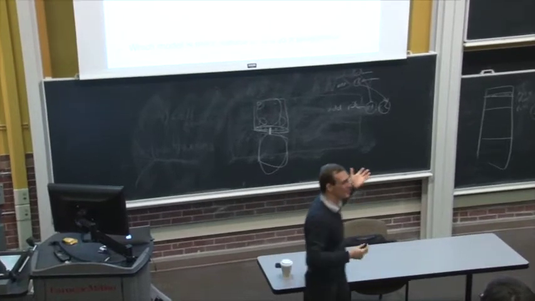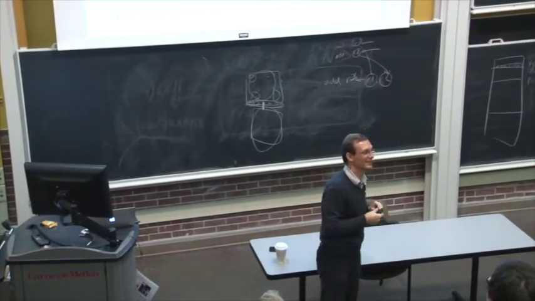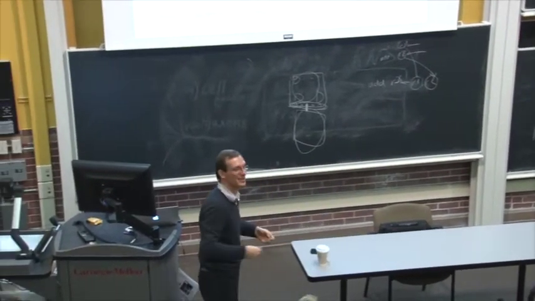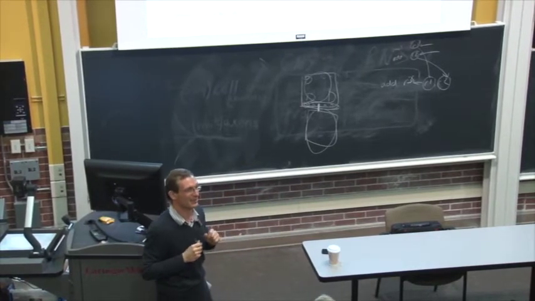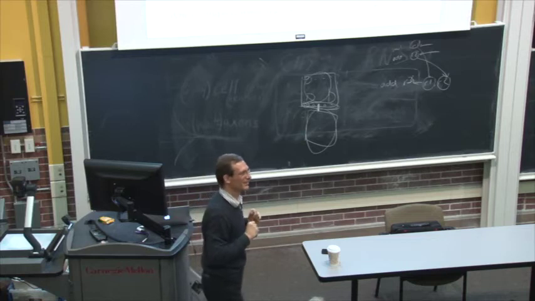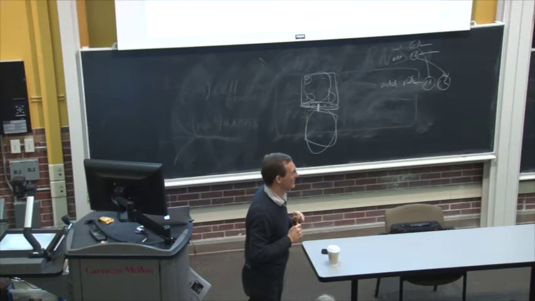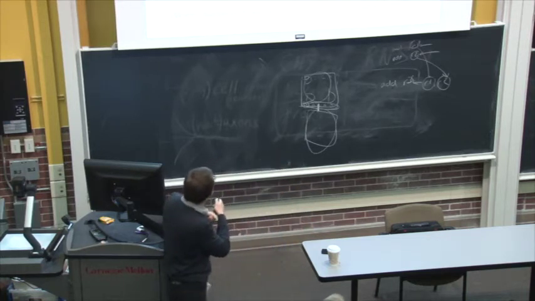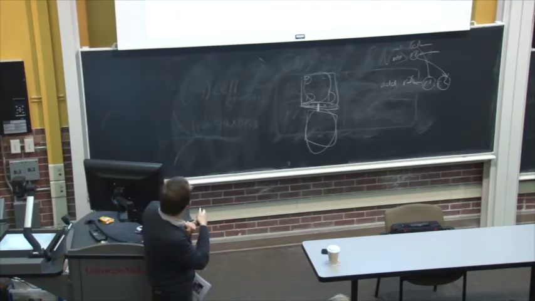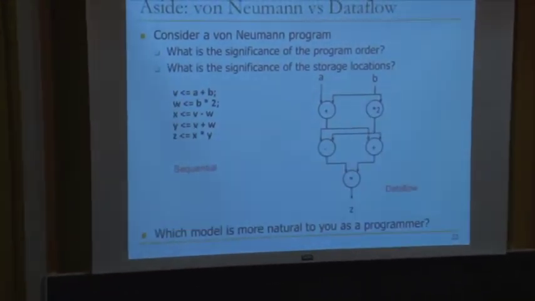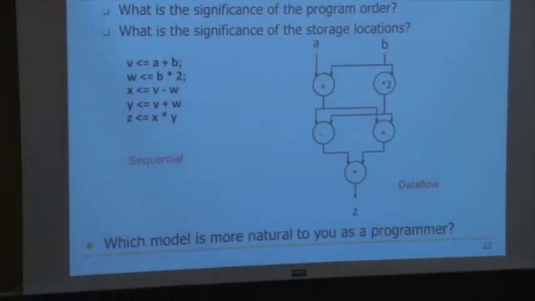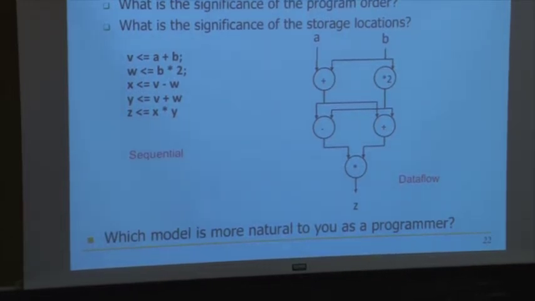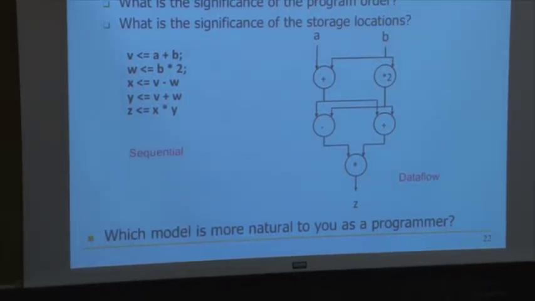Is it because of the way we're educated that this is more natural to us? Or is it fundamental to the way we operate as humans? Could be. But it's good for you to think about that. Certainly, we will cover some trade-offs related to this. One big advantage of this model for a programmer is, at any point in time, you know what the state is, right? You have a definition of precise state.